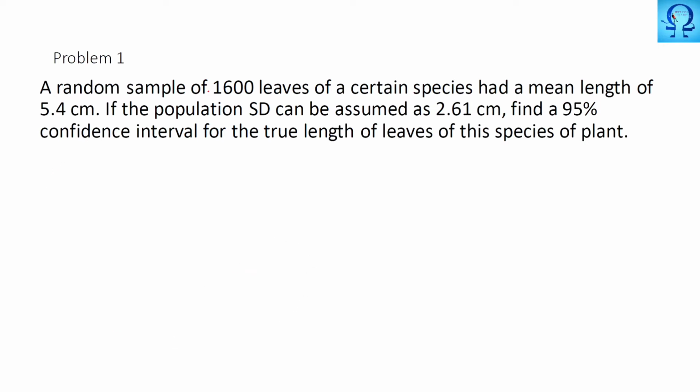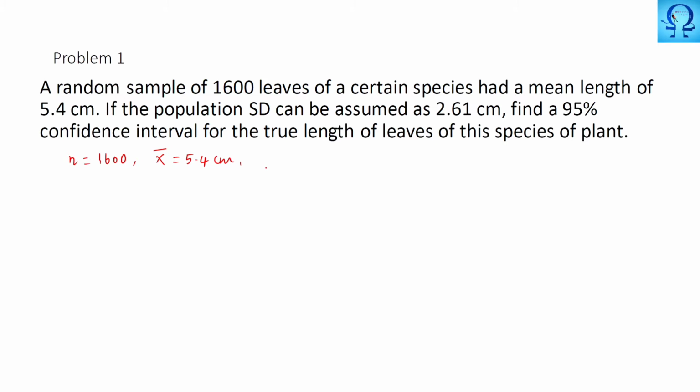Here it is given that a random sample of 1600 leaves of a certain species had a mean length of 5.4 centimeters. So here n value is 1600, and the mean is 5.4 centimeter.